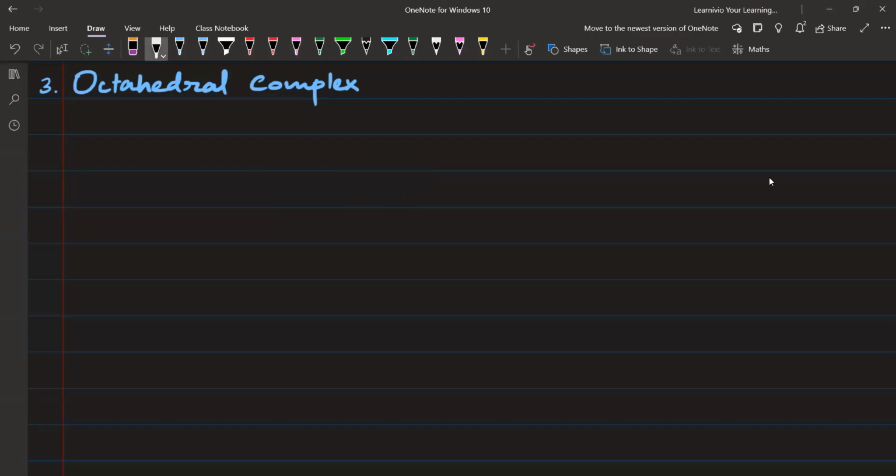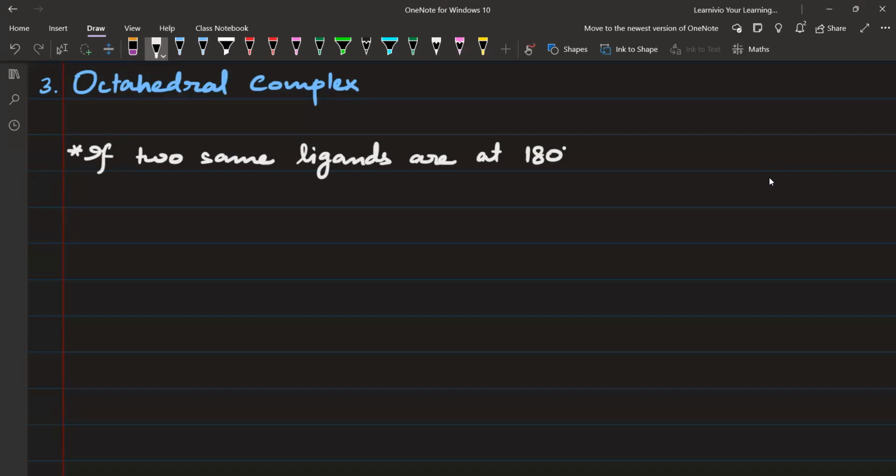Now what about the plane of symmetry? When will we be having a plane of symmetry? So first thing is that I will show you how also. If two same ligands are at 180 degree, then plane of symmetry exists.